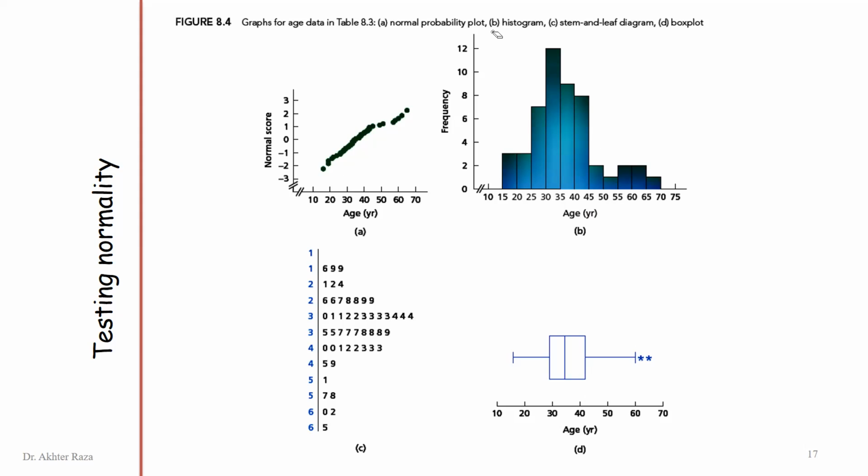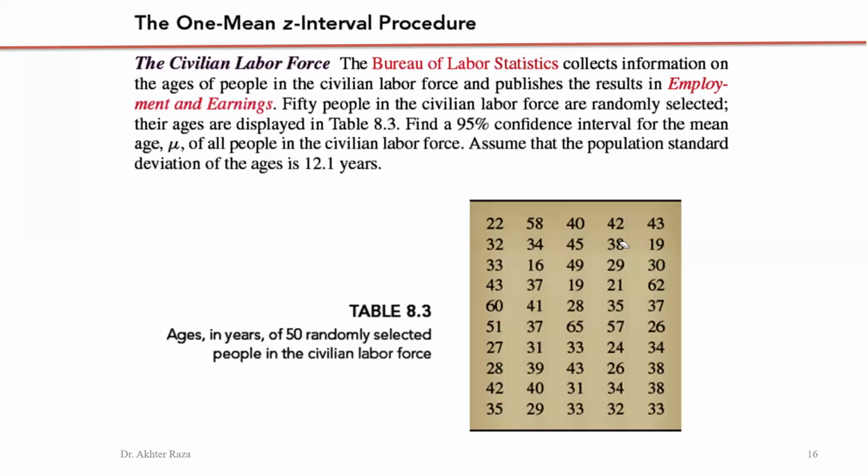Then we will cover the testing of normality by the Kolmogorov and Smirnov test in SPSS for the same data set. The first thing, we have to get the data from this table. This table is in picture form.